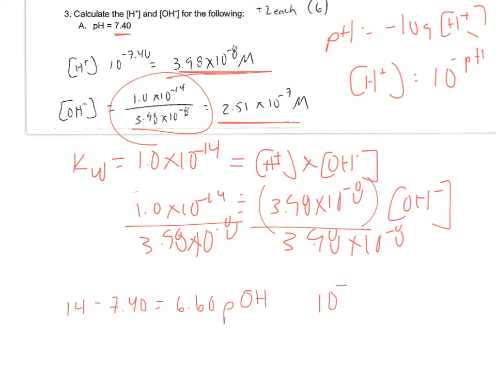So then I can take 10 to the -6.6 and that should be my OH minus concentration, and that will give me the same number of 2.51 times 10 to the minus 7th moles.